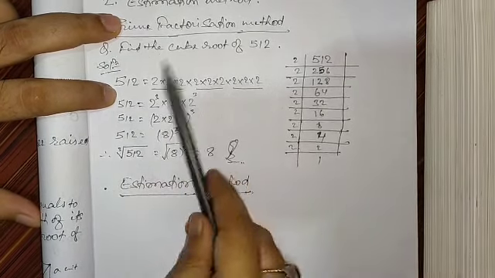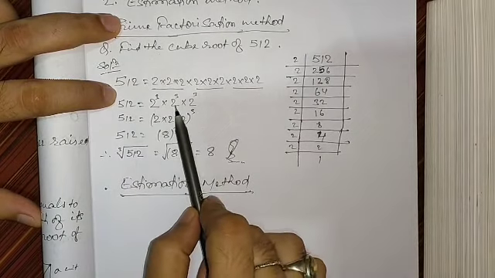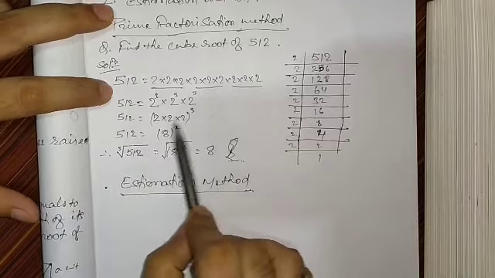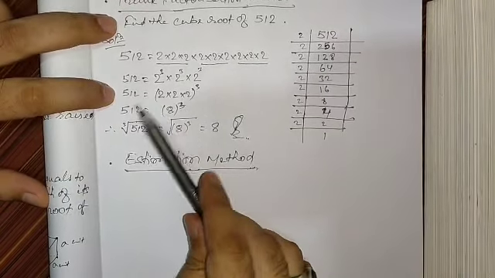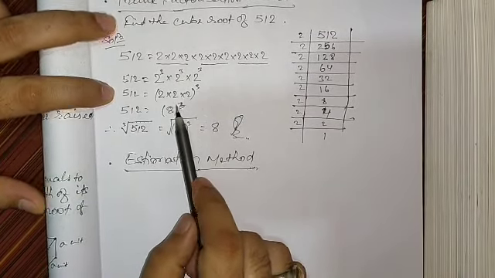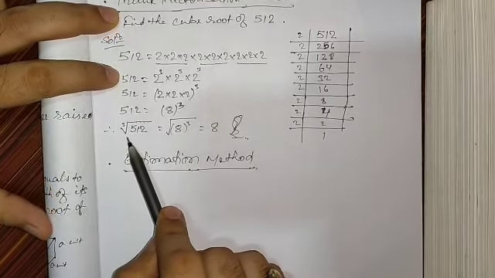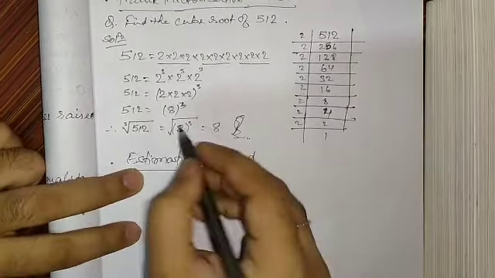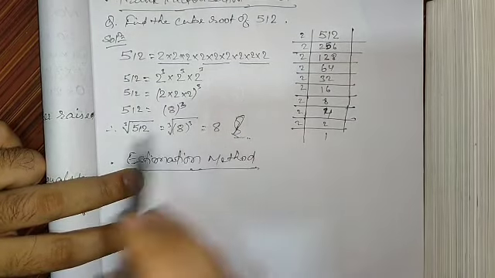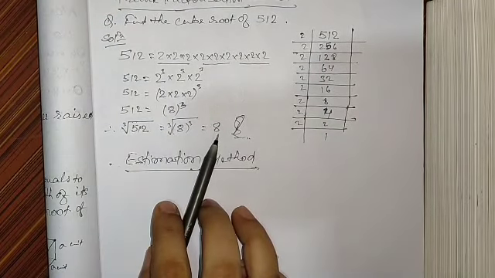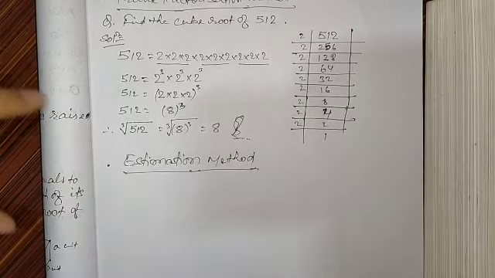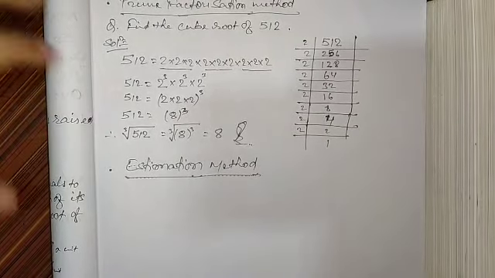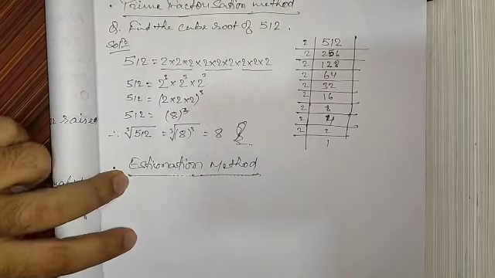So we can write this step as 2 cube into 2 cube into 2 cube, and then 2 into 2 into 2 whole cube, applying some laws of exponents here, and then 8 whole cube. So finally when we take the cube root of this 512, we put the cube root sign here also, and finally we get the number 8. So we can conclude that 8 is the cube root of 512.